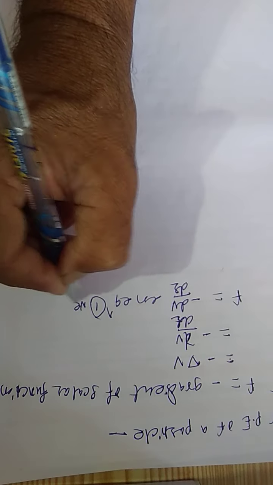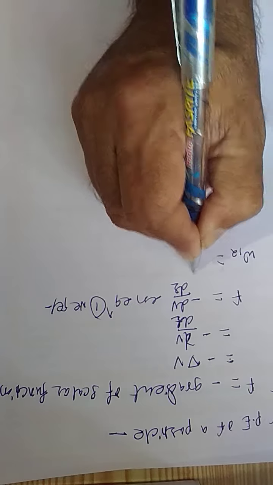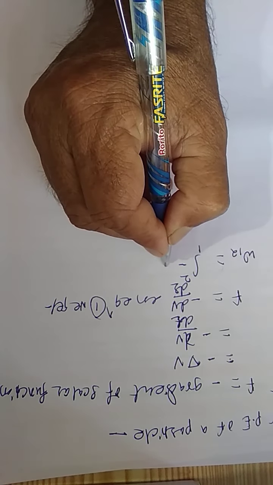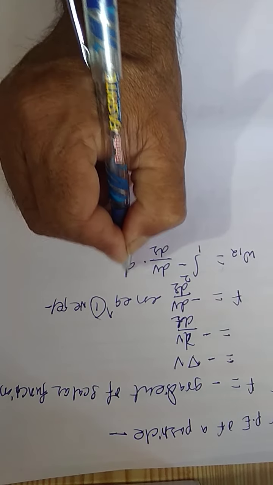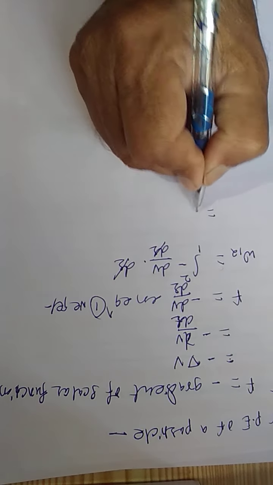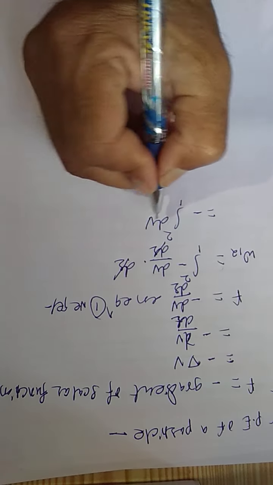We get W1 to 2 equals the integration from 1 to 2 of minus dV by dr into dr. This dr gets cancelled, which is equal to minus the integration from 1 to 2 of dV.